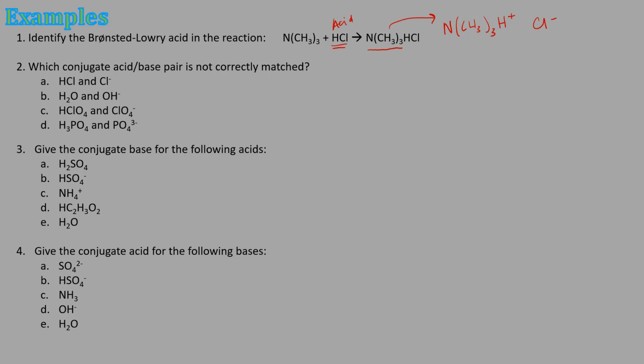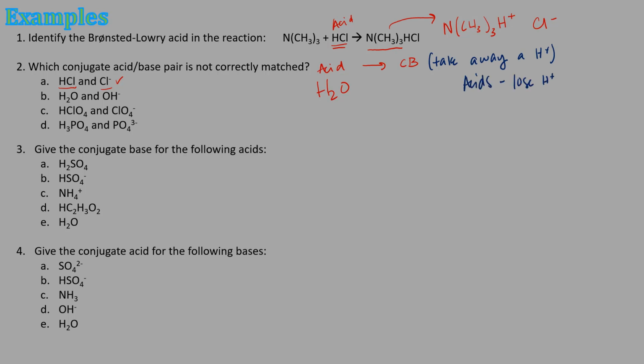And then we want to see which conjugate acid-base pair is not correctly matched. So if this is the acid, that is the correct base, right? So the acid, when we look at it to become the conjugate base, then we have to take away a hydrogen, because that's what acids do. They lose hydrogen.